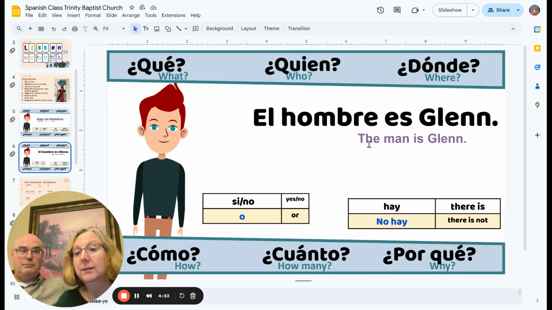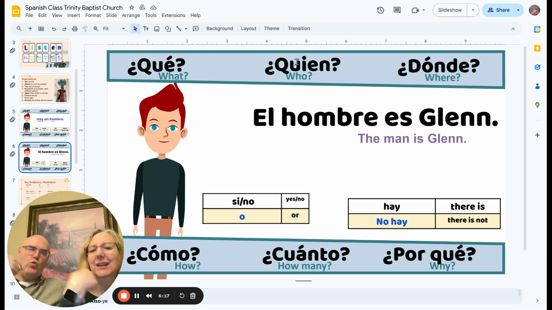And then we said, el hombre número uno es Glenn. El hombre número dos es Neil Armstrong. All right. ¿Quién, Paul? ¿Quién? Who? ¿Quién es hombre número uno? Hombre número uno es Glenn.